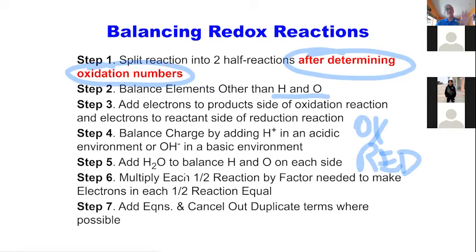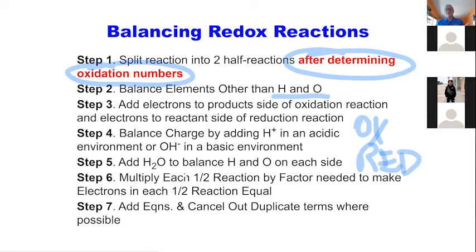And so we put 5 electrons on the product side because it's lost them. They're gone from the reactant and they become products. Same thing on the other side. For the reduction side, how many electrons were added to that element? If an element went from +4 to 0, that element gained 4 electrons. And so we put 4 electrons in the reactant side because it added those electrons and then became a product.